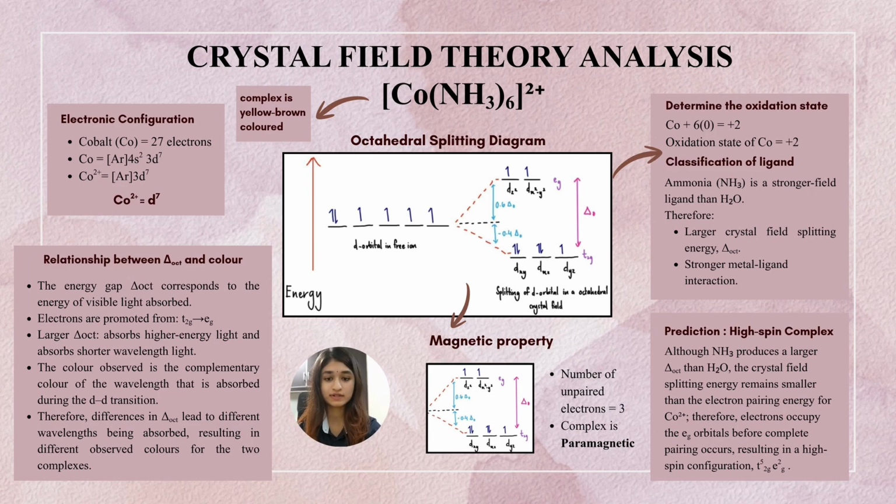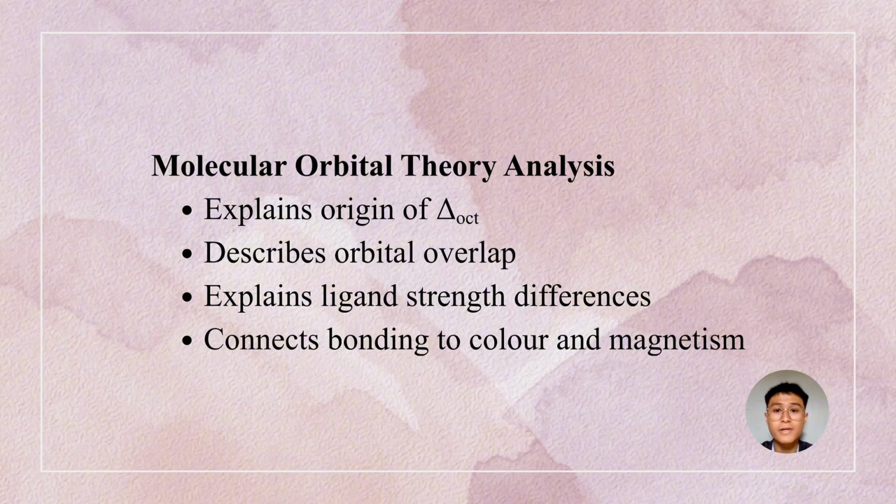Crystal field theory explains that ligands split the d orbitals into t2g and eg sets in an octahedral complex. However, CFT does not fully explain why different ligands produce different magnitudes of splitting energy. Molecular orbital theory provides a deeper explanation by describing the orbital interaction between the metal ion and ligand.